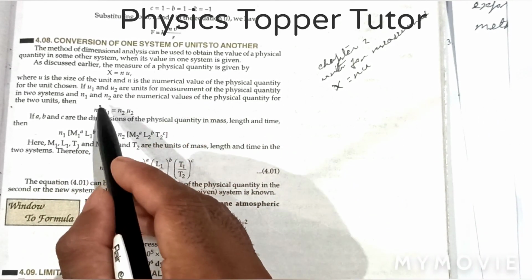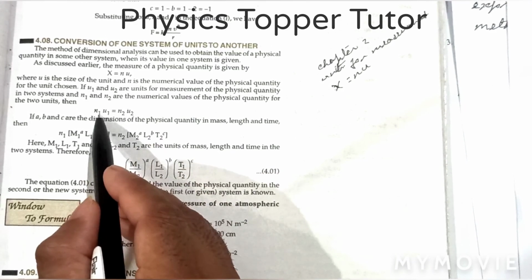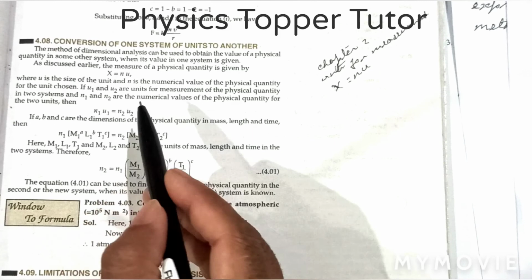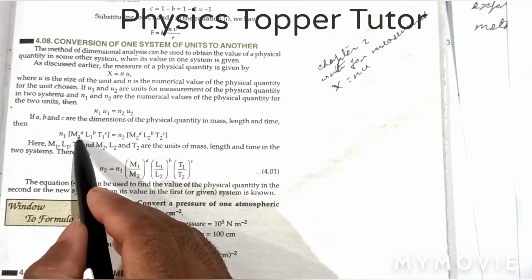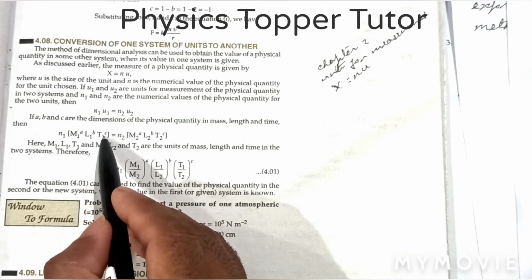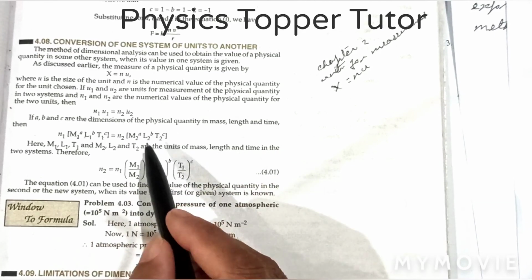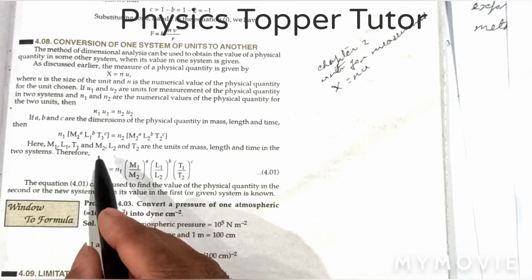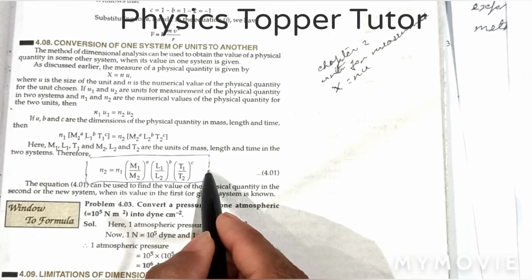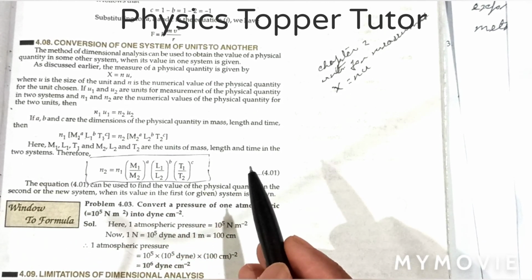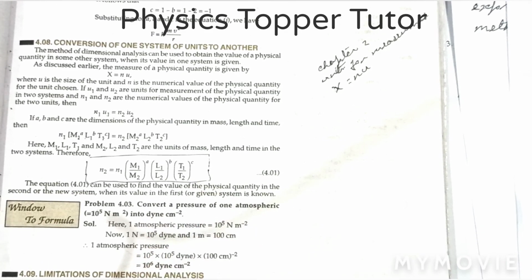And when there are two quantities to compare, we put N1 U1 equal to N2 U2, and then put the dimensional formula like this: M1 a, L1 b, T1 c. Here we compare. This is the general formula to convert one system of units to another with the help of dimensional analysis.